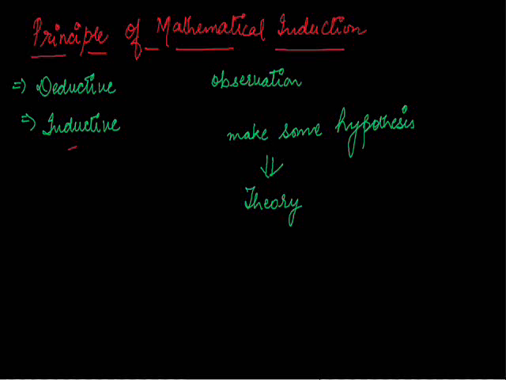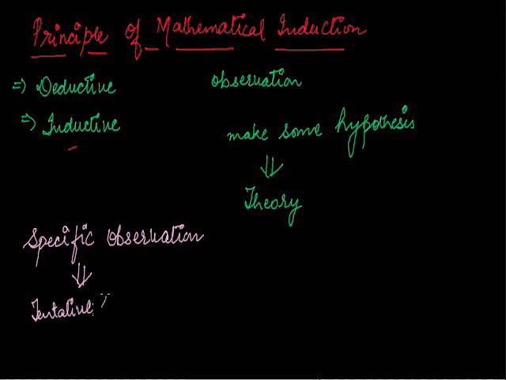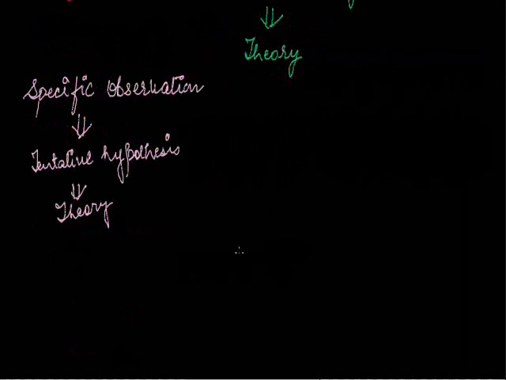So at first we had some specific observations, and on the basis of those specific observations we tried to make some tentative hypothesis, and on the basis of that hypothesis we formed a new theory.